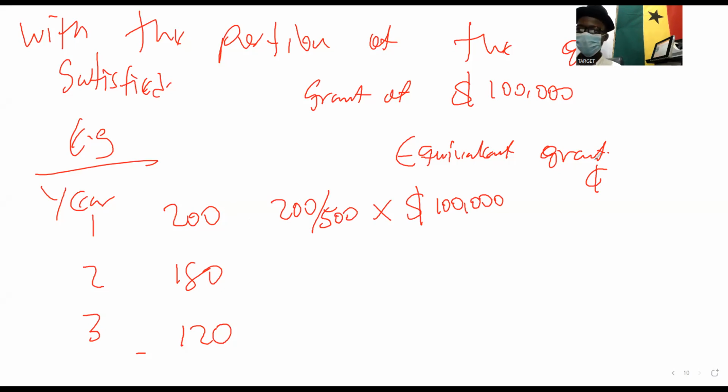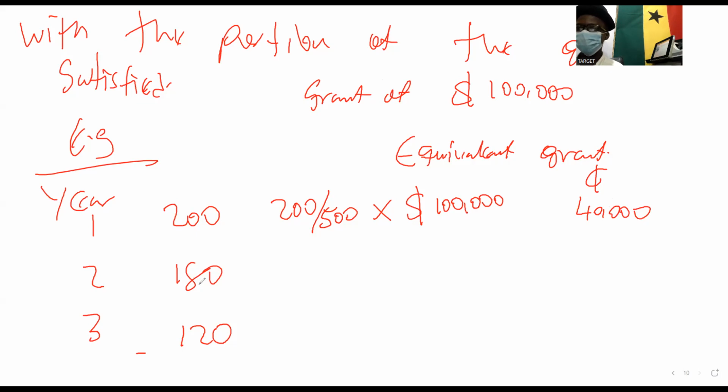So 200 divided by 500 times 100,000. That should be $40,000. So first year, we qualify to receive $40,000. The rest of the money will still be in our liability post.